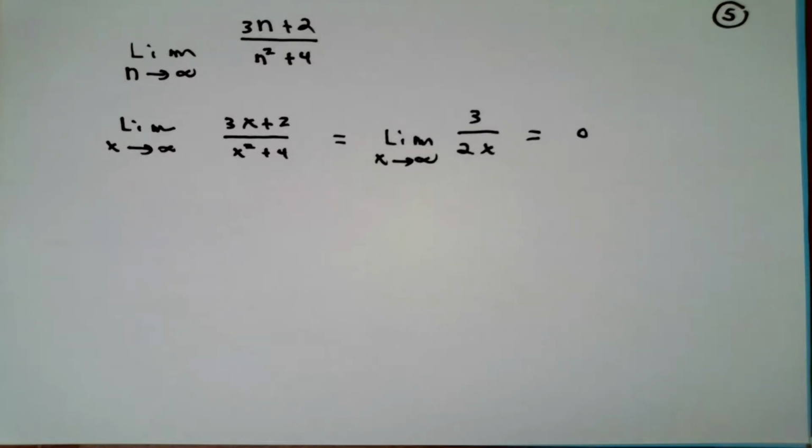After doing one step of L'Hopital's rule, we have a constant 3 upstairs and a 2x in the denominator. As x becomes indefinitely large, 3 divided by 2 times x gets arbitrarily close to 0, so the limit exists and is 0. For this kind of limit, again, this is typical. If the degree downstairs is larger than the degree upstairs, then the limit is 0.